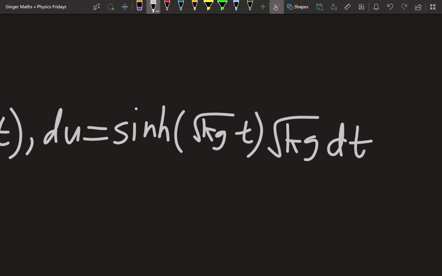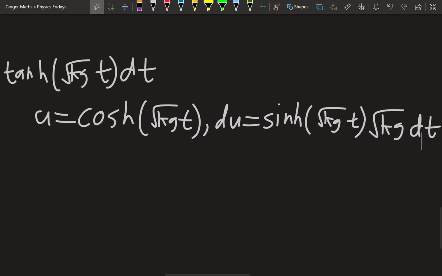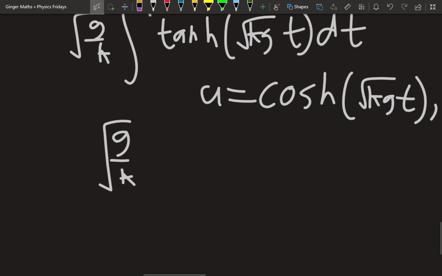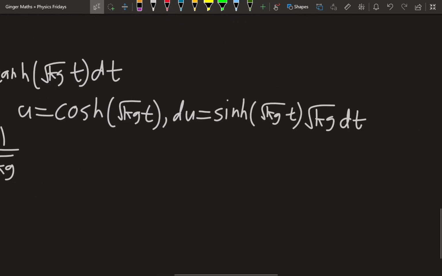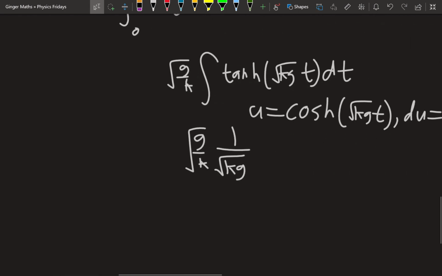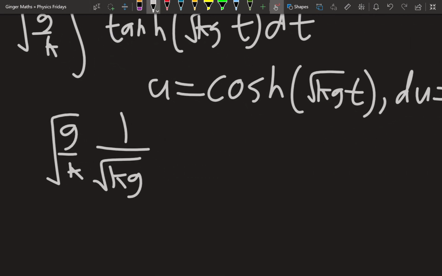Dividing both sides by that, we end up getting that times 1 over the square root of kg. It really is unfortunate that I chose kg. Let's double check that's right. Yeah, it looks right. Okay, cool. Meaning then that we have the integral of 1 over u du.